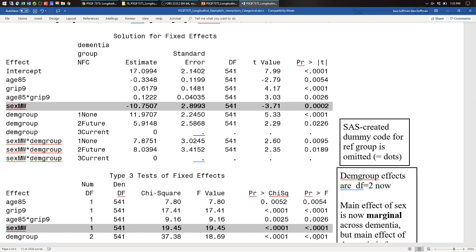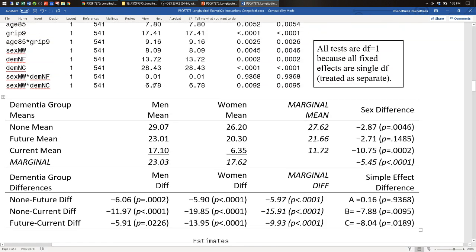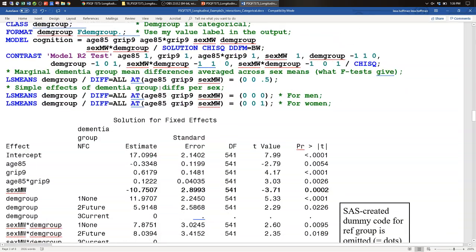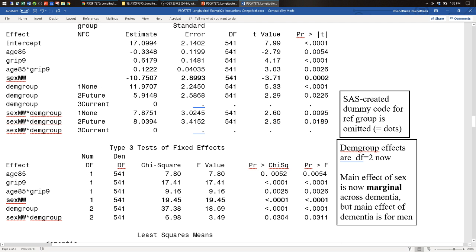If I go back up to my table of means here, 17.1 minus 6 and some change. I'm rounding, but it's 10 to 11-ish, right? That's that one.